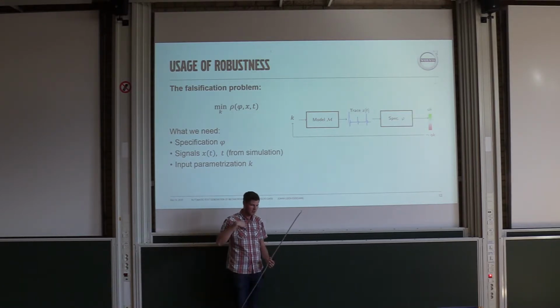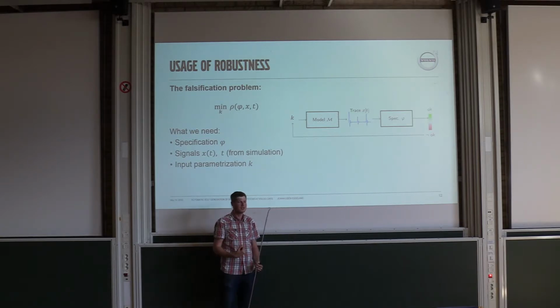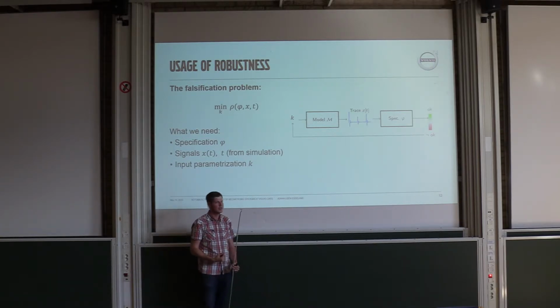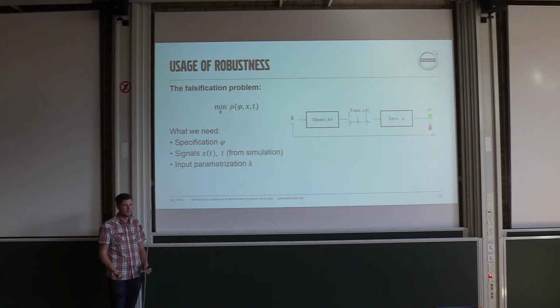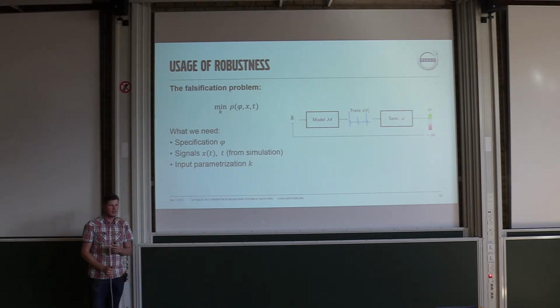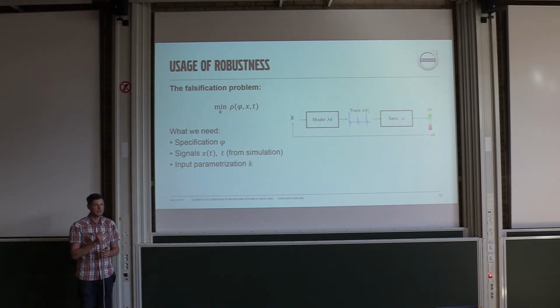Then we iterate, put it into an optimizer, and try to minimize the value. As soon as the robustness value is negative, we know that we have a counterexample. So then we have a bug that we need to fix. All of this is done in a MATLAB toolbox called Breach, which I use, which is an academically developed toolbox.